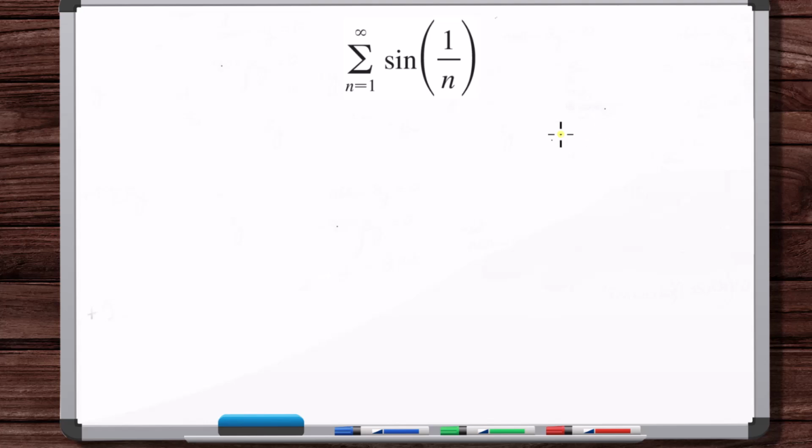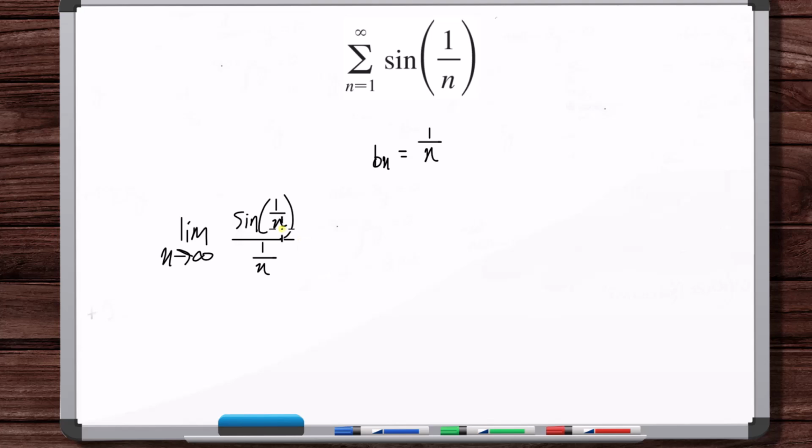For this one, we're going to say that the b sub n is 1 over n. We know that this diverges, right? So why are we doing this? Because this is one of those special limits that they had to use a geometric argument to evaluate.